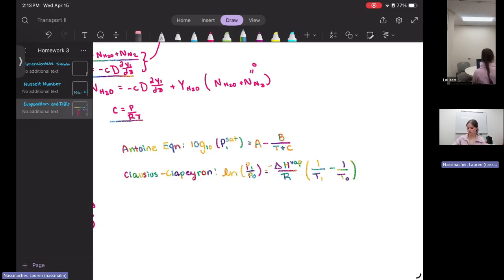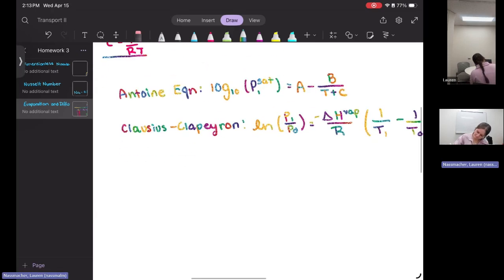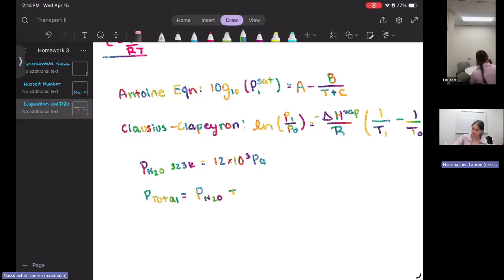For this specific problem, I just found that the pressure of the water at 323 Kelvin is equal to 12 times 10 to the third pascals. So if we want to find the pressure of our nitrogen, you know that the total pressure is equal to the pressure of the water plus the pressure of the nitrogen.